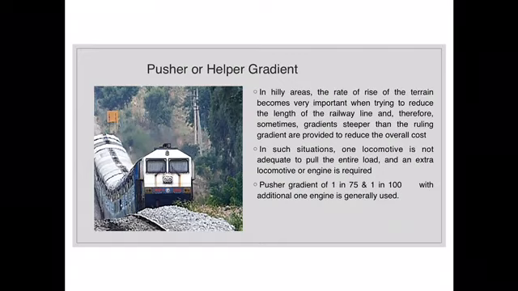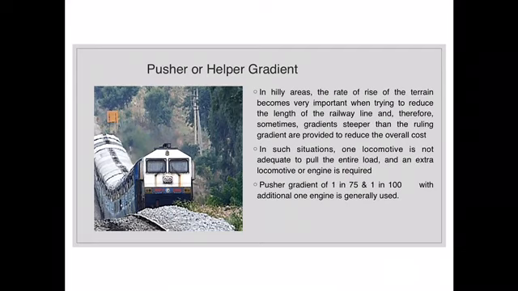The ruling gradient is provided to reduce the overall cost of construction. So in such a situation, where the gradients are very steep compared to the ruling gradient, one locomotive may not be sufficient to haul the complete train. The entire load cannot be hauled. So to move the train in such a condition, an additional locomotive or engine is required.